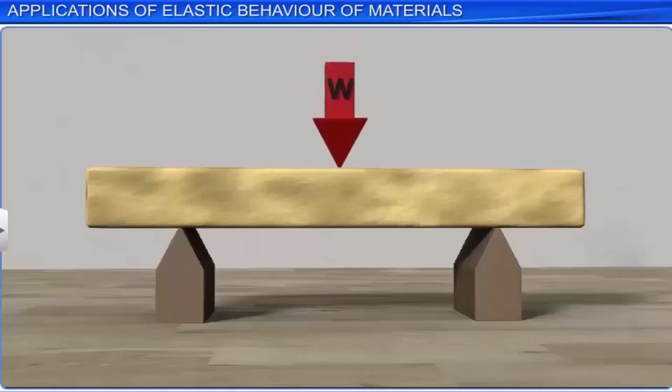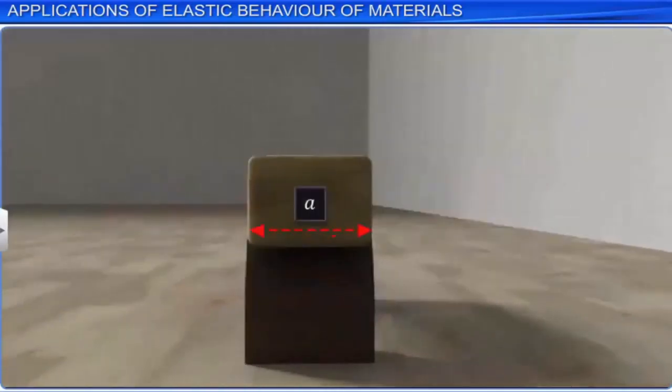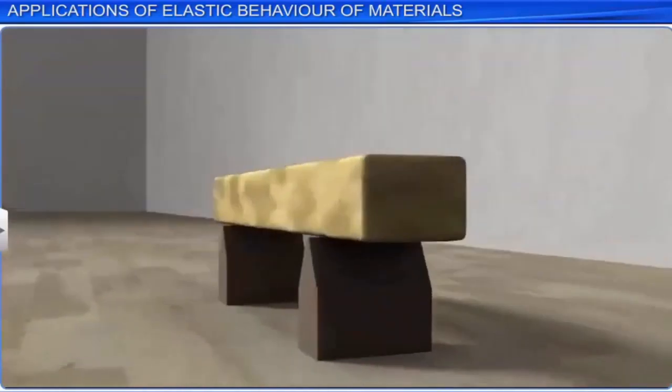The beam has a length L, width B, and thickness A. When a load is exerted at its midpoint, it bends as shown.